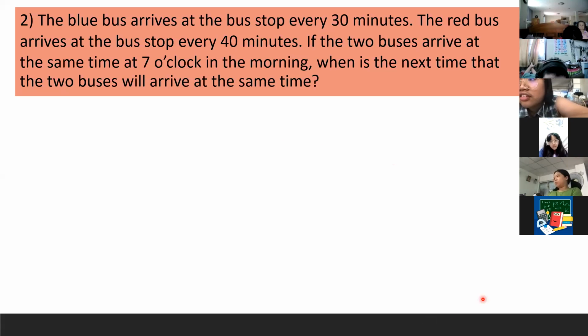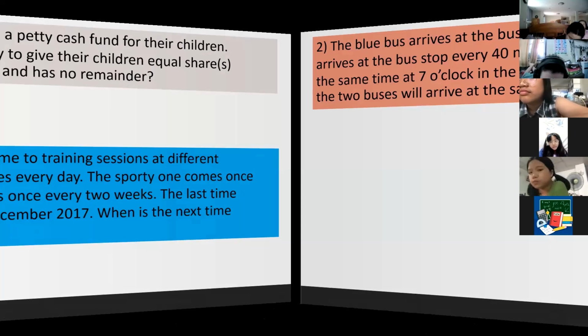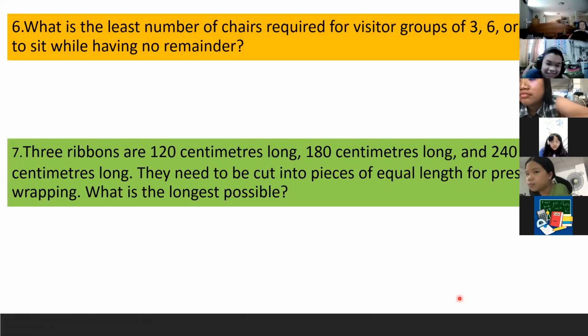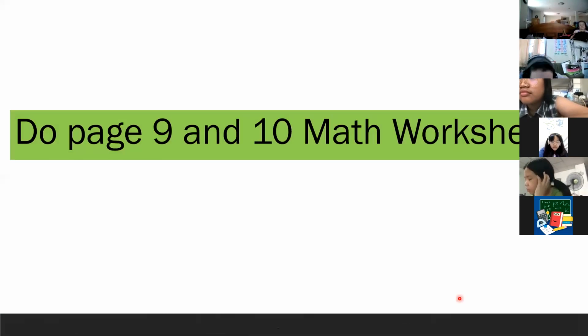So we will continue this problem solving on Wednesday. I have a lot of problems. So in your homework, you do pages 9 and 10 in the math worksheet. Okay? We will continue the problem solving because it's already time.